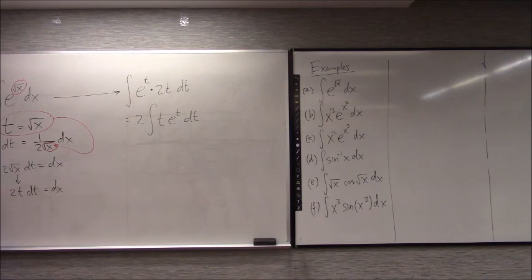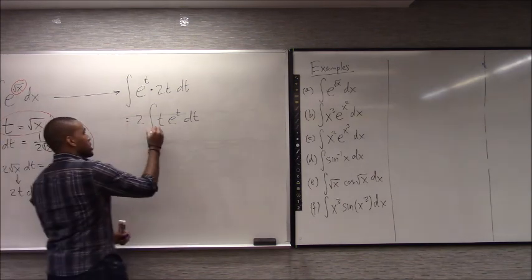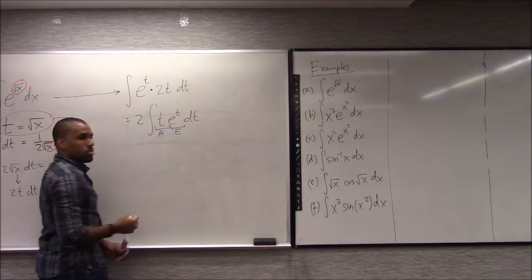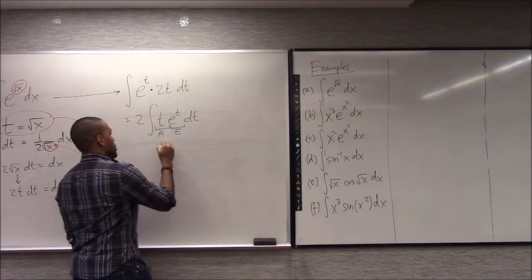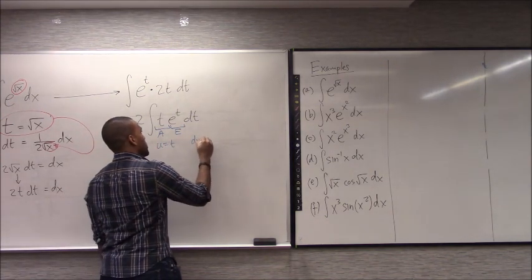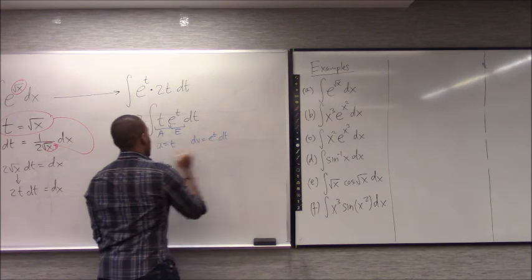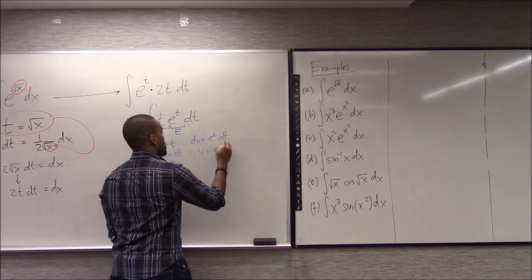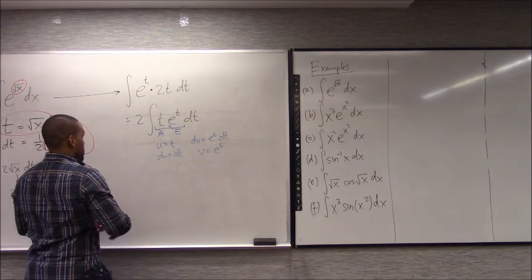What are the parts? U will be t. Right, so this here is an algebraic term, that here is an exponential, that's my u. So I can say u equals t, my dv equals e to the t dt, my du would just be dt, my v would be e to the t, and I can plug this in.